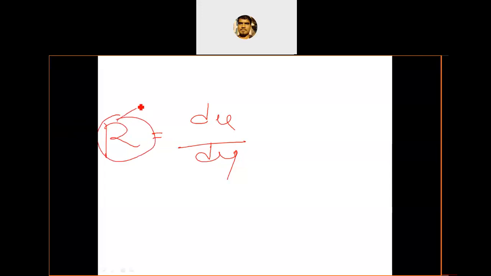This R is called the rate of shear, or velocity gradient. This is for a small layer.